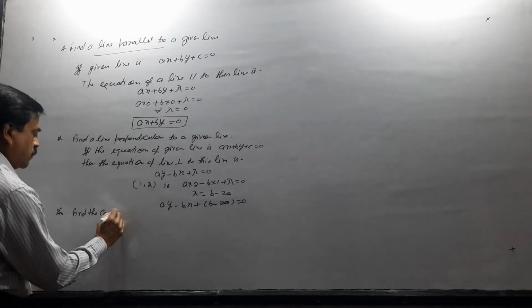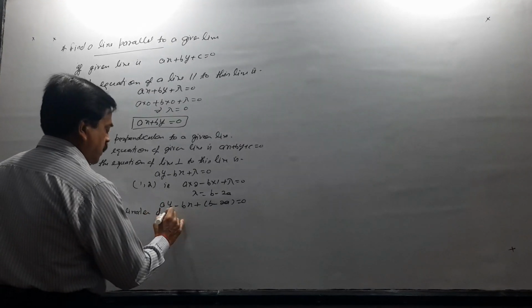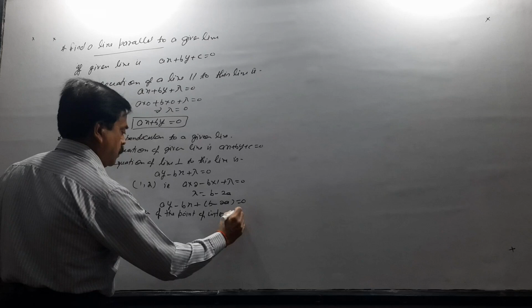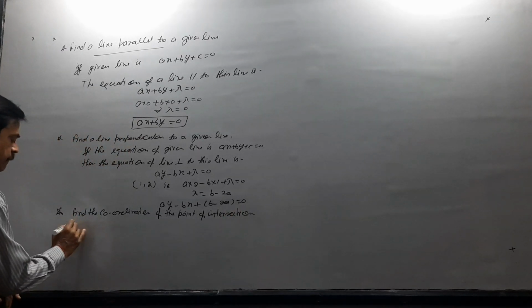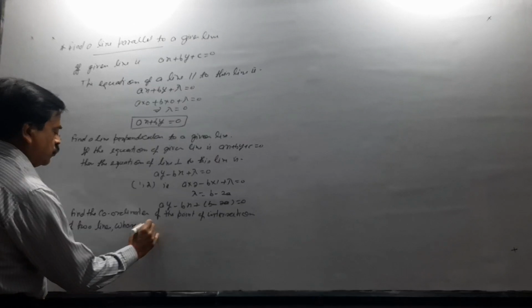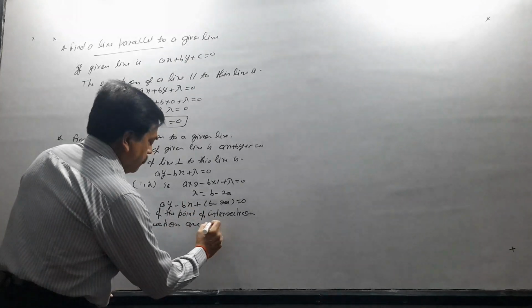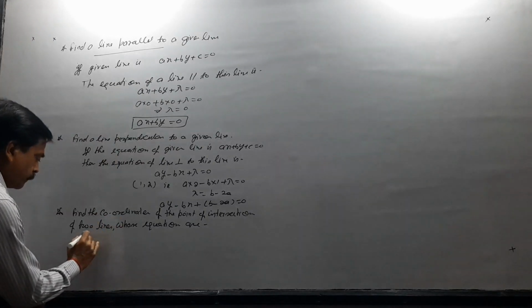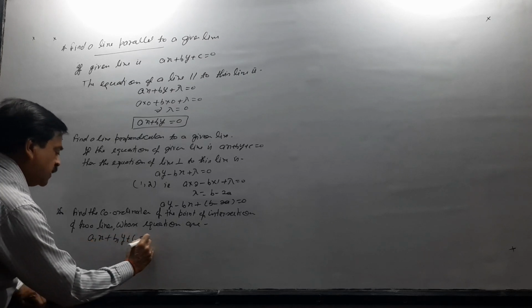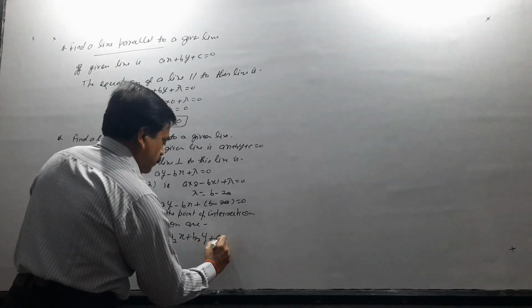Find the coordinates of the point of intersection of two lines whose equations are a1x plus b1y plus c1 is equal to 0 and a2x plus b2y plus c2 is equal to 0.